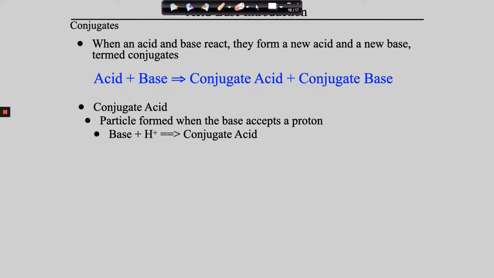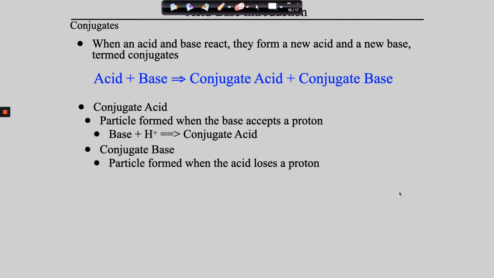So guys, I'm assuming from that you could probably derive a conjugate base. A conjugate base is the particle that is formed when the acid loses a proton. Can you picture that one too?